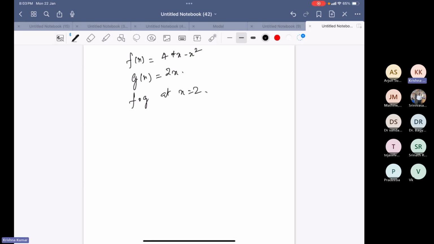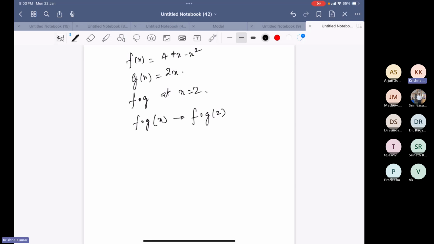Let's see, calculate this. So I have to calculate f g of x. Now x is equal to 2. So what is it? Anyone?